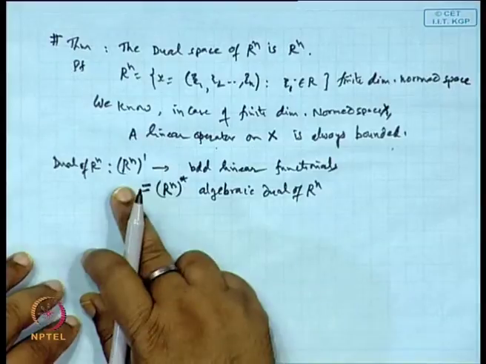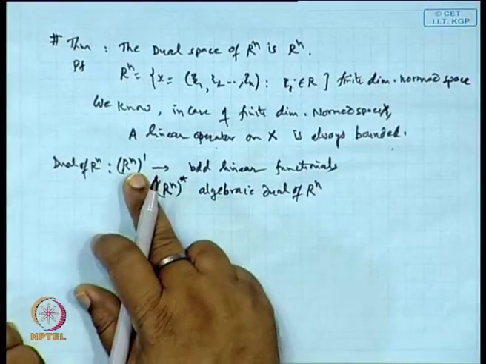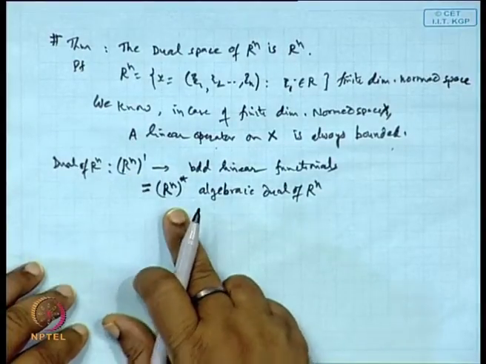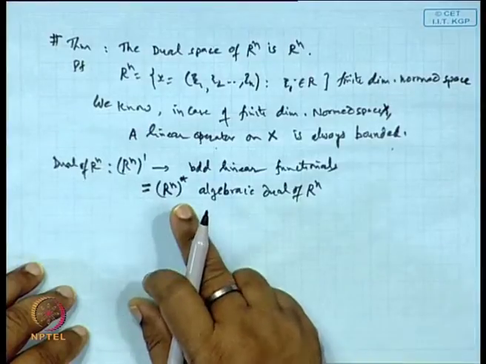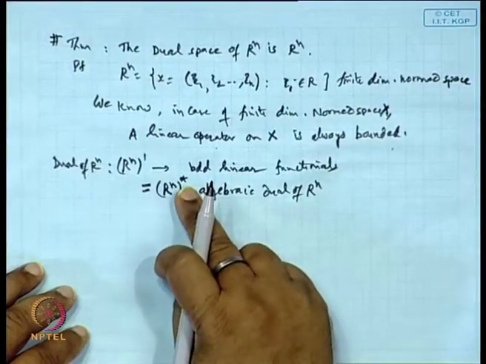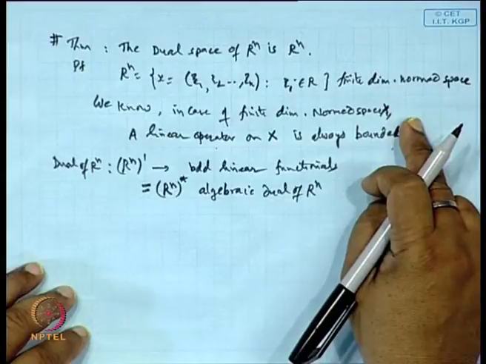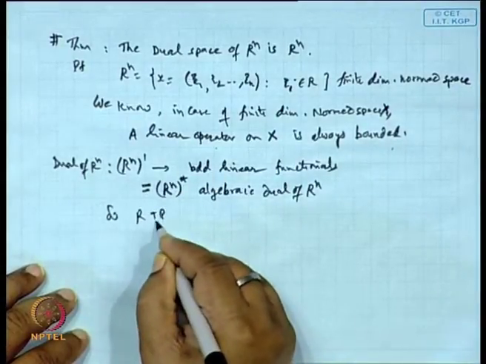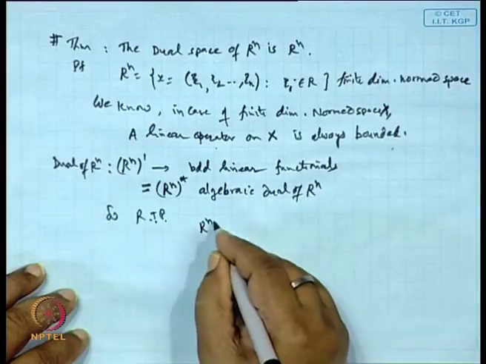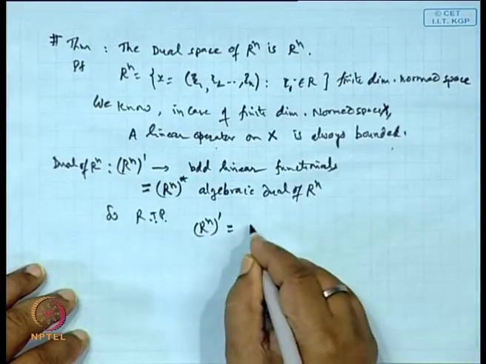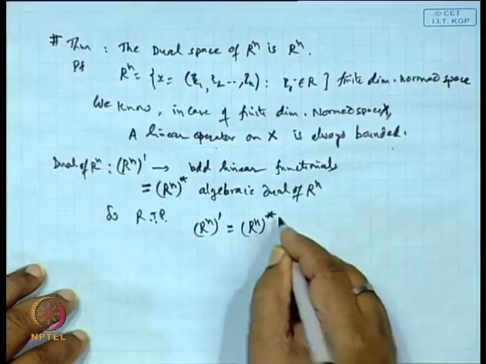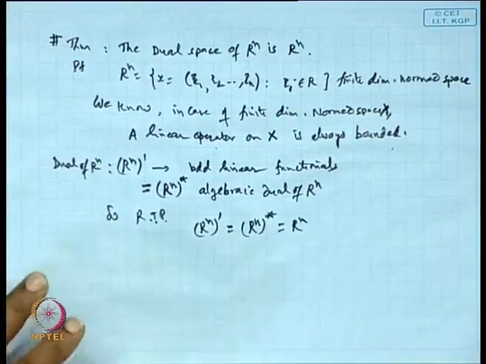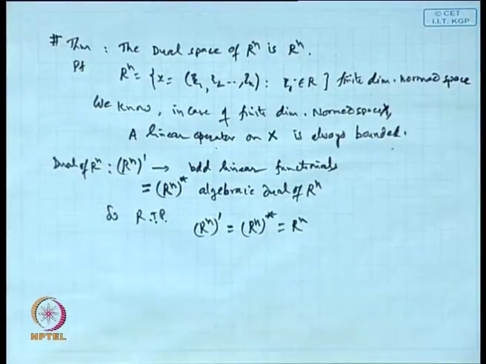Therefore, in order to prove this for the dual of R n, we will simply establish it for the algebraic dual. We will show the algebraic dual R n star is nothing but R n, because both are identical. So, basically what is required to prove is that R n dash, which is already equal to R n star, is nothing but R n. Clear?